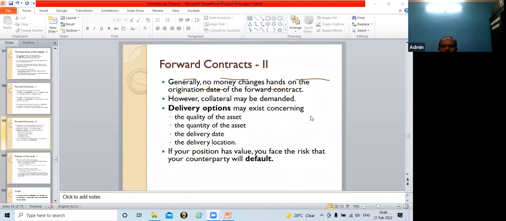Now, forward contract. Generally, no many changes from the origination date of the forward contract.